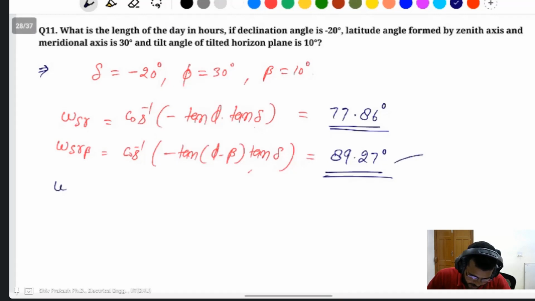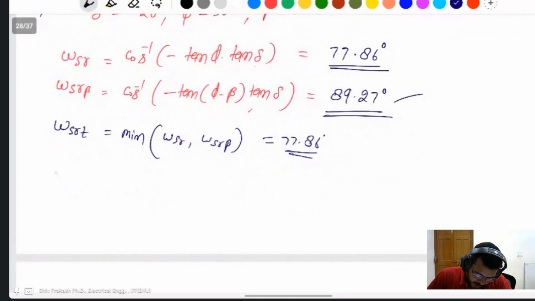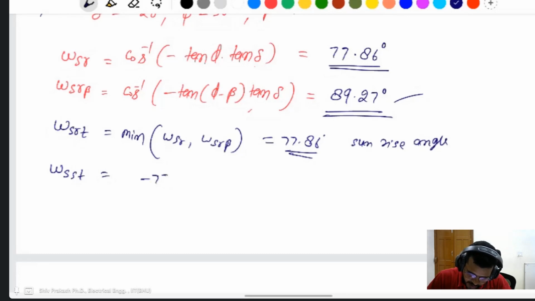We can calculate this with the tilted surface. Omega SRT is the minimum of omega SR and omega SR beta, so it will be 77.86 degrees. Then omega SST is the sunset angle, which is minus 77.86 degrees.